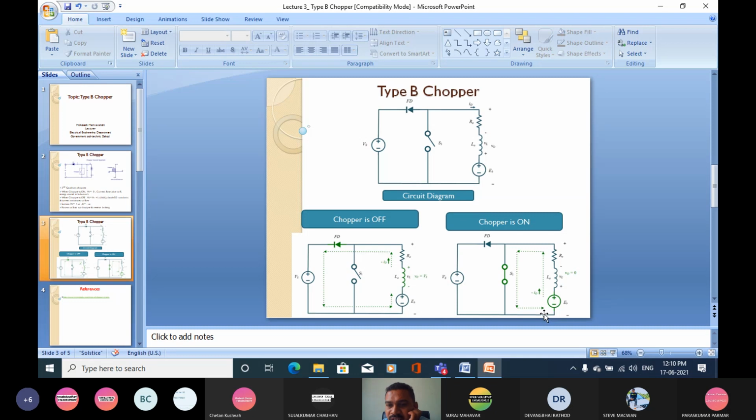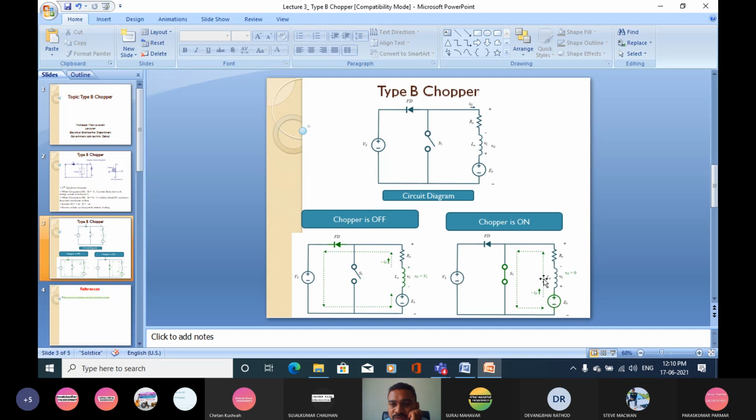In which direction will current flow? Here is the positive terminal of the EMF source and here is the negative terminal of the EMF source. Outside of this EMF source, the current will flow from the positive terminal of the EMF source to inductor, inductor to resistor, resistor to switch, and switch to the negative terminal of the EMF source.